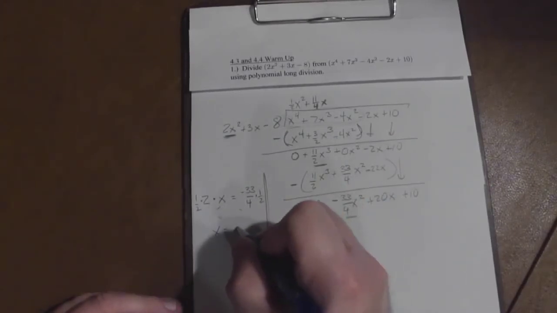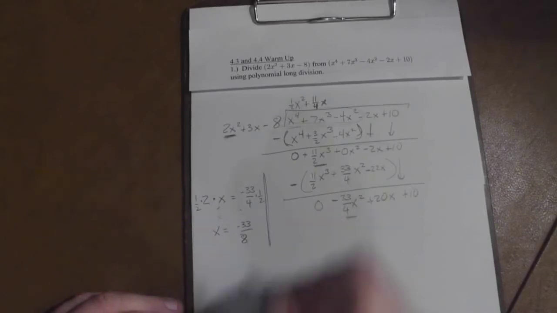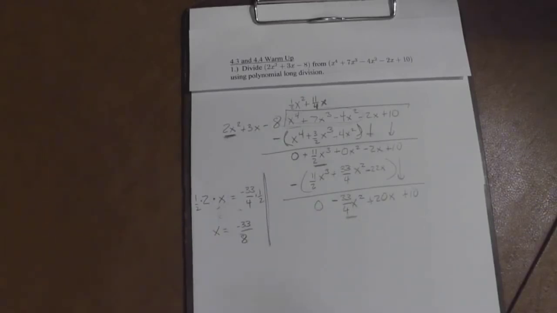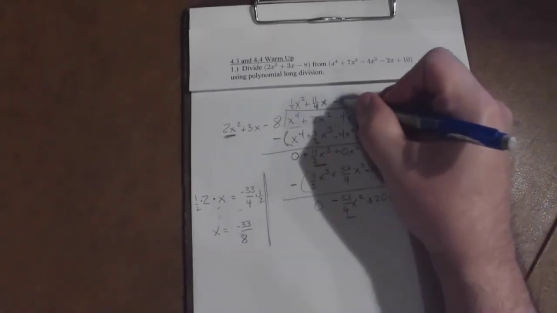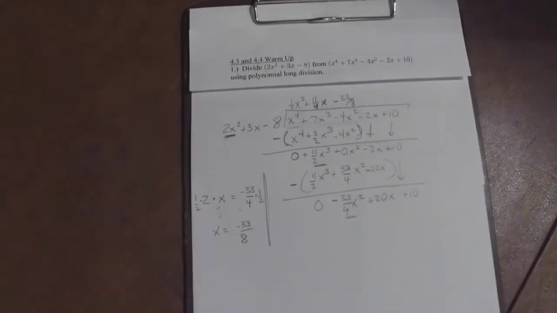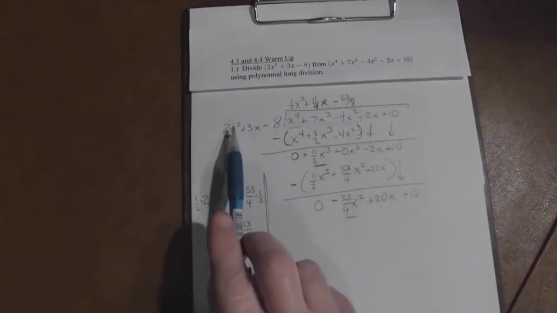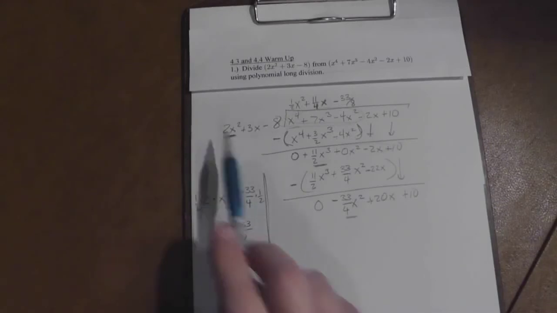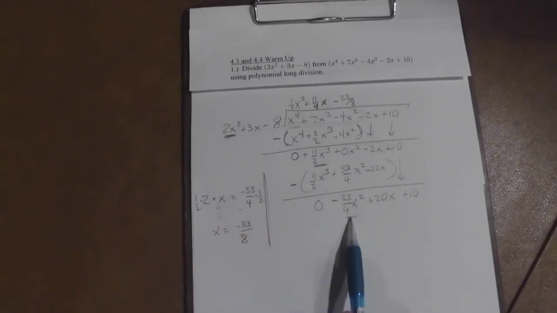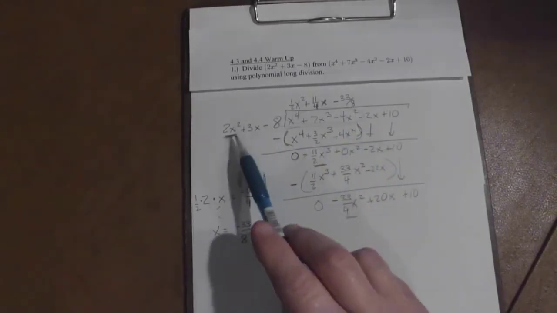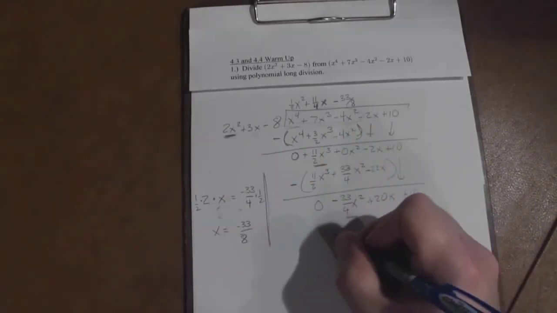So if I multiply the left and the right by 1/2, I will find that what we need is x equal to negative 33 eighths. So negative 33 eighths is what I have to multiply this 2 by in order to produce negative 33 fourths.